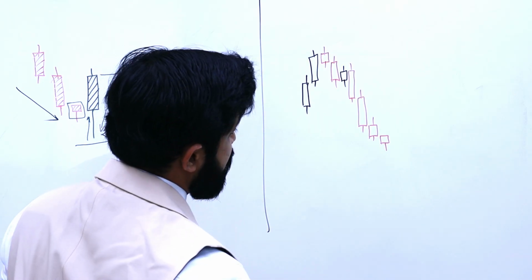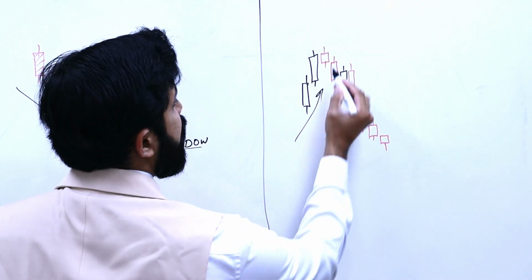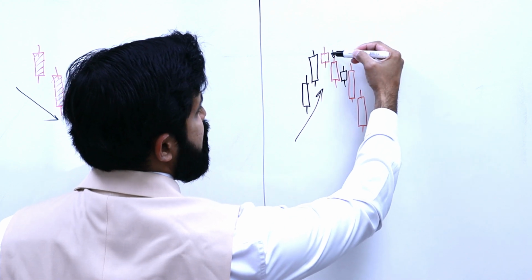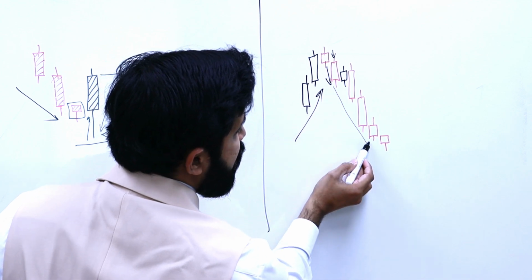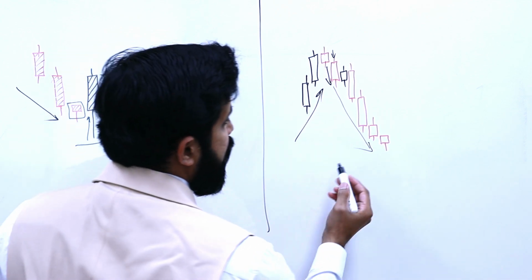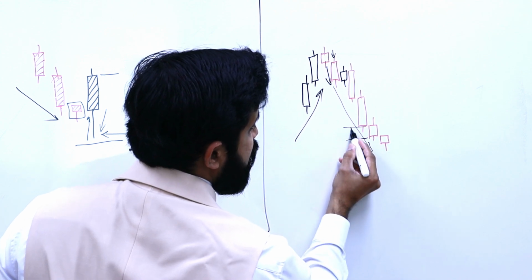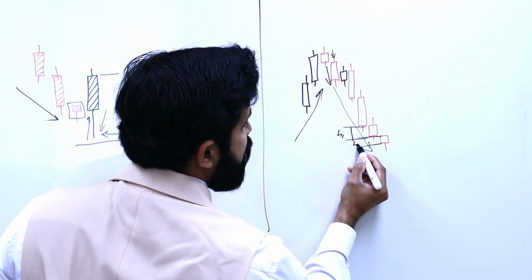It is interesting to see, say for example, the market trends up first and then it slows down. You start to get red candles coming in, increasing the momentum to the downside and continuing to the bottom. But at one point you see the candle bodies start to reduce. The height here, say H1, is less than H2.